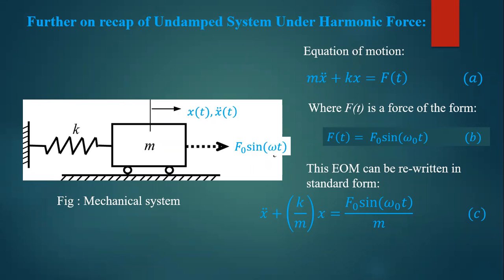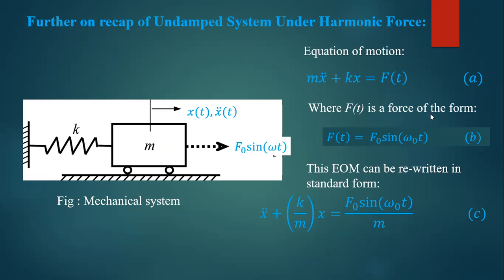So let's see. The equation of motion for an undamped system is excited with some force F naught sine omega t, or F naught cos omega t, or it can be F naught e to the power i omega t. So this is a spring mass system without considering the damper.